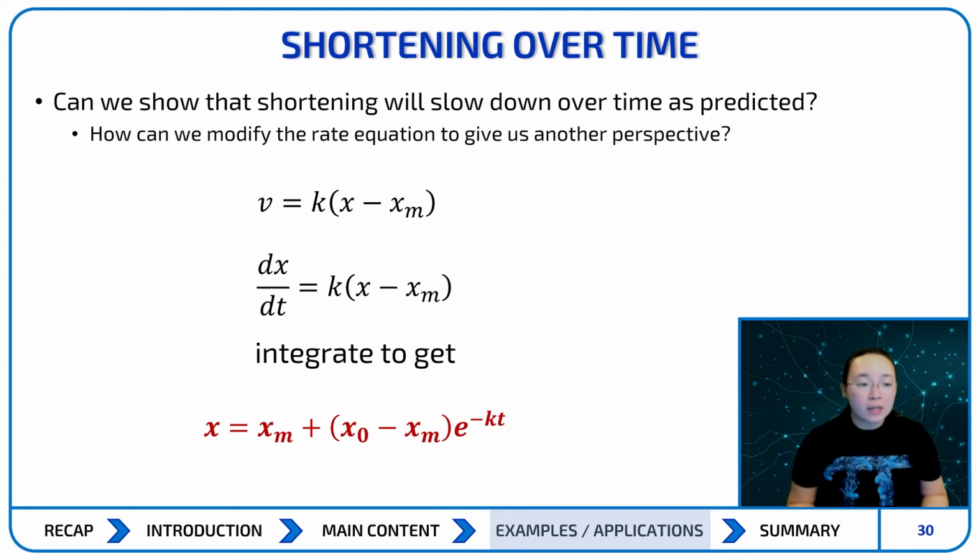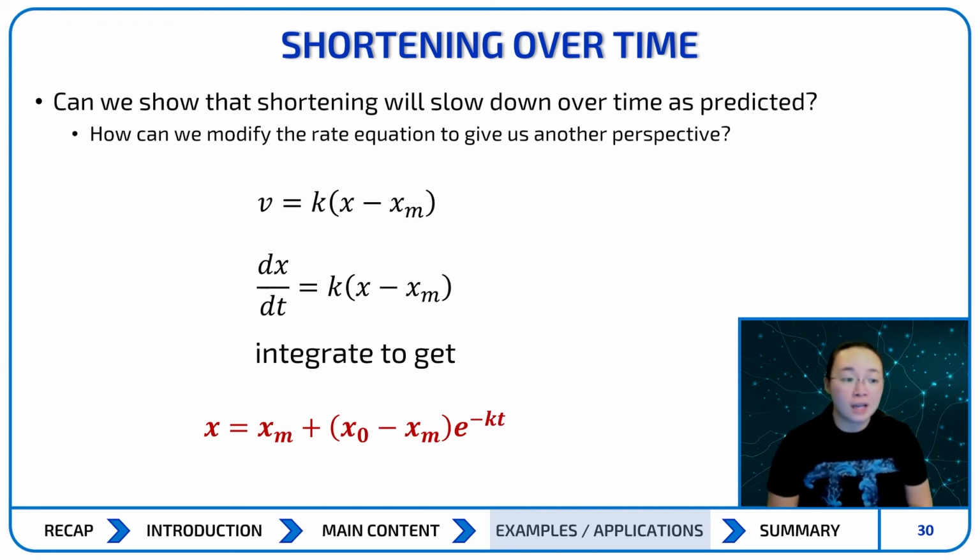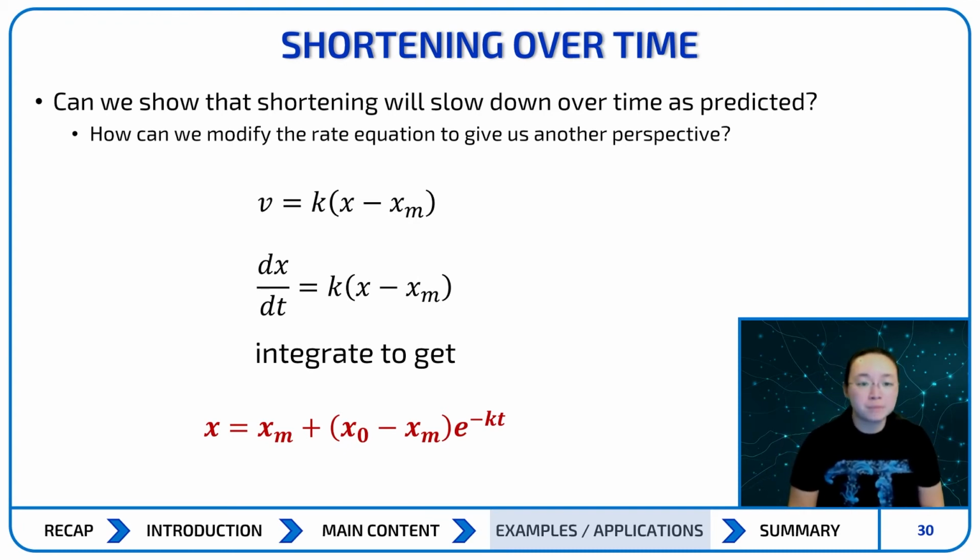So if we have the rate equation given as V equals K times X minus XM, there are several different ways that we can modify the equation to give us a different perspective. So the first one is to remember that velocity is the change in distance over the change in time, so we can just replace V with dx over dt. And I won't show the work to get here.